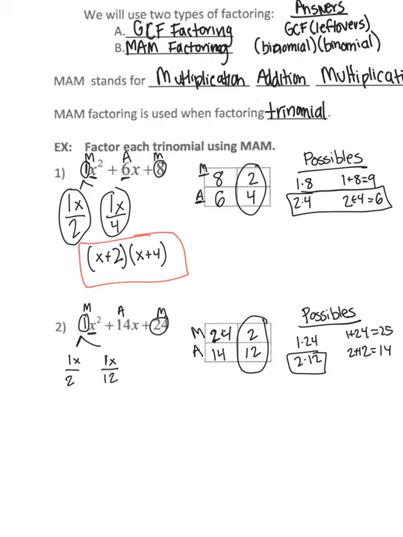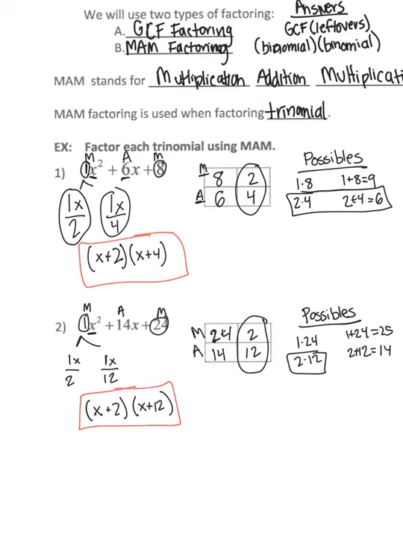And I simplify, which I can't simplify 1 over 2 or 1 over 12, so those are my final answers. Next, I write my binomials. So I've got 1x plus 2, and I've got 1x plus 12. And there's my answer right there.